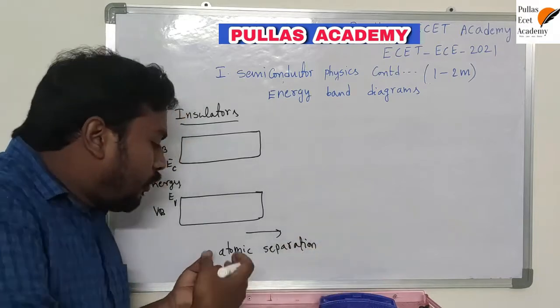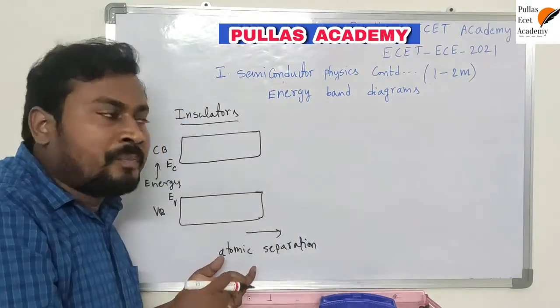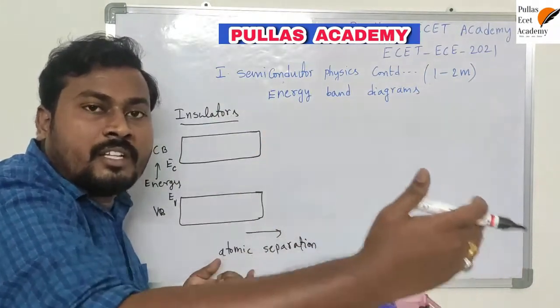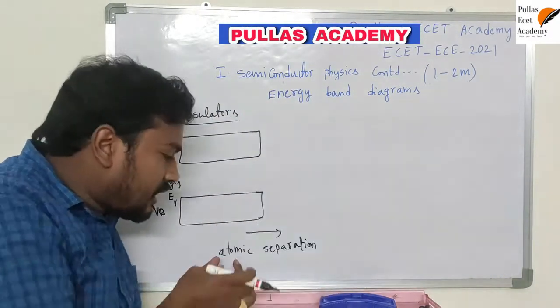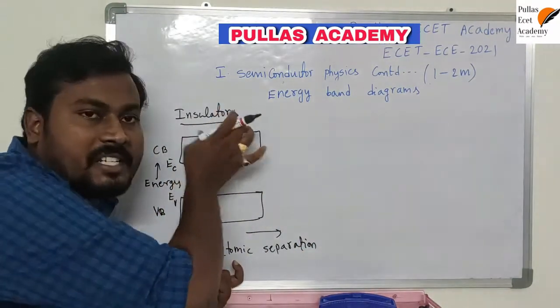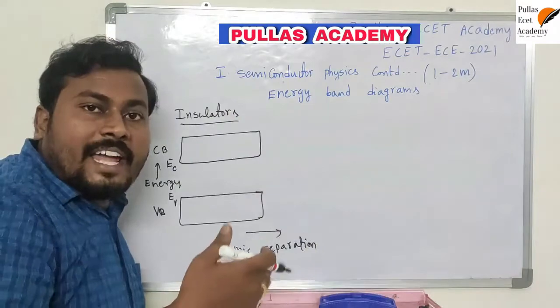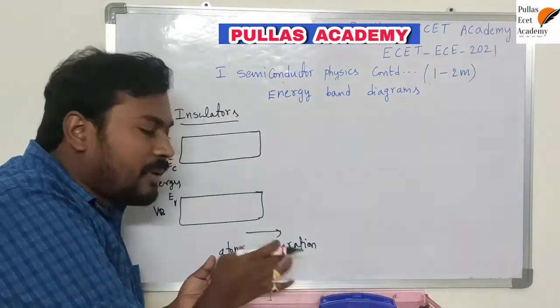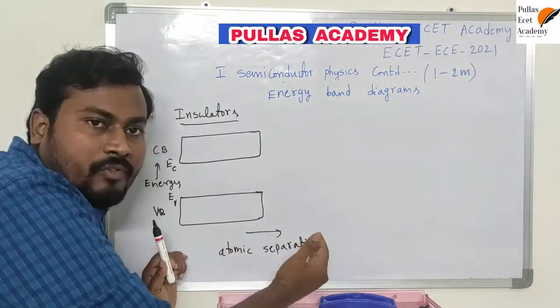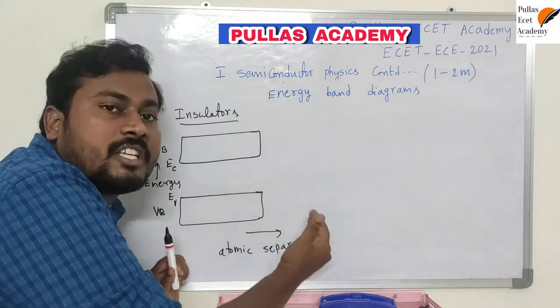What is the meaning of this atomic separation? In insulator material, the distance between two atoms is considered to be atomic separation. So when you are moving to the right extreme, what does it mean?